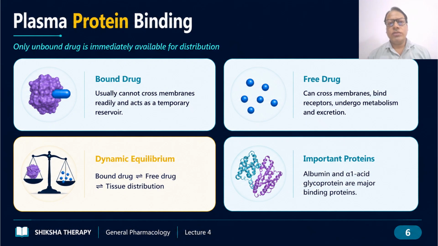The two forms remain in dynamic equilibrium. As free drug leaves the blood, some bound drug is released from the protein. The major plasma binding proteins include albumin and alpha 1 acid glycoprotein. The key concept is only the free drug is immediately available for distribution and pharmacological action.